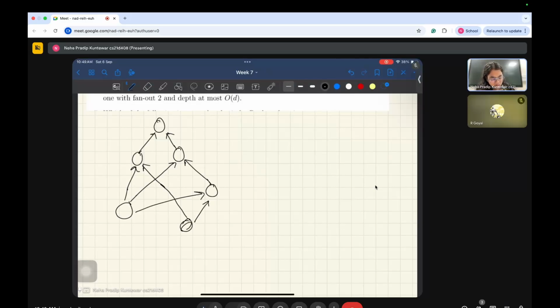In this case, if we look at the fan in of each gate, that is bounded by 2. So here you have two inputs, and here just 1. Just to make it uniform, let's say it is coming from somewhere. So here fan in for each gate is bounded by 2, but is it true that fan out is also bounded by 2 for each gate?